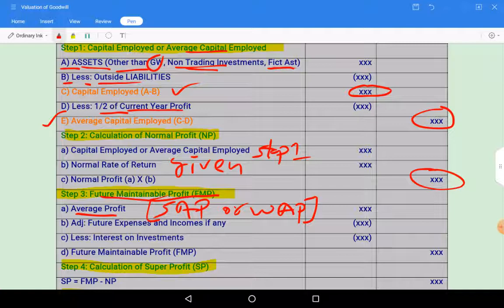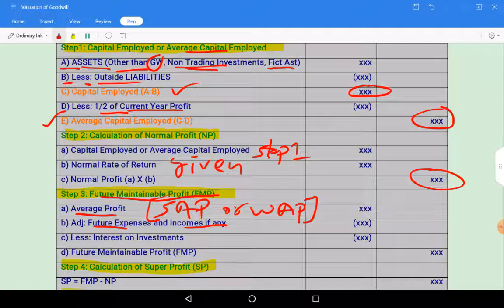From that, adjustment of future expenses or incomes, if any. Like, presently the company is incurring expenses for rent. If the business is sold to someone else, that new proprietor has his own business, so he will not incur any further expenses relating to rent.